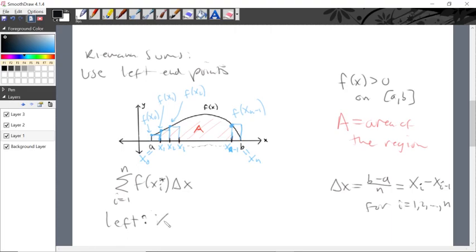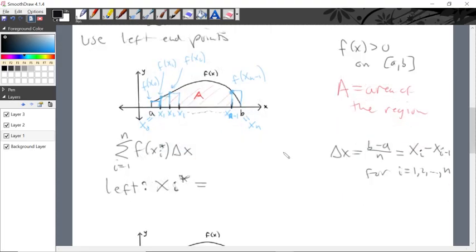So in general, let's see if we can come up with a formula for xi star. Here are some examples. The first x star value, x1 star, represents the x value we're going to be choosing in the first subinterval. By the left endpoint rule, x1 star would be x naught. x2 star is going to be x1, and so on.